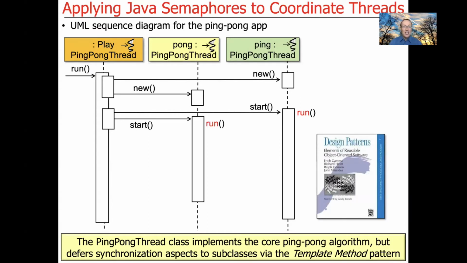The actual implementation, if you go and look at the source code, and we will probably look at the source code later in the class, is to use the so-called template method pattern, which is a classic Gang of Four pattern where you define the skeleton of an algorithm in one method, and then you defer the actual implementation of so-called hook methods or primitive operations to subclasses. And that's exactly the way that our solution works.